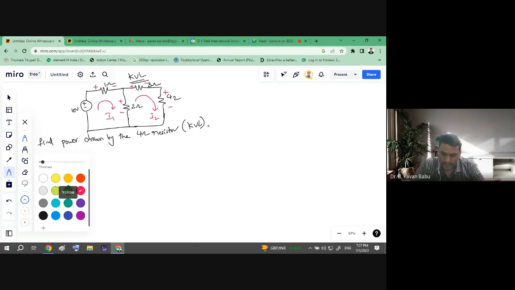One thing I would like to highlight here is that all the passive elements, in the sense resistor, inductor and capacitor, come under the passive elements. And coming to the active elements, voltage source and current source come under the active elements. So these are the energy generators, I mean the voltage source and current source, or any other battery source, whatever it may be.